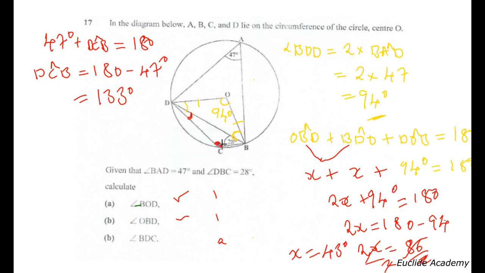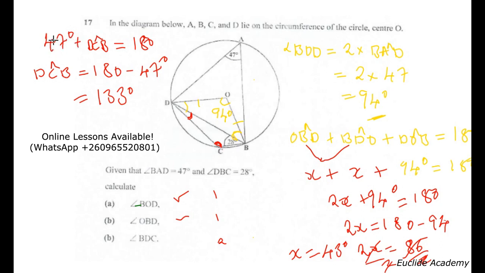So if we have this one as 133 and this one as 28, then we can find this one by just adding all of them and equating them to 180 degrees. You just don't have to put 47 like the way I'm doing it right here.